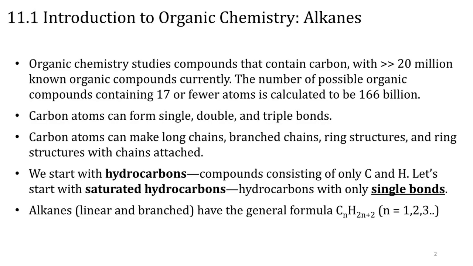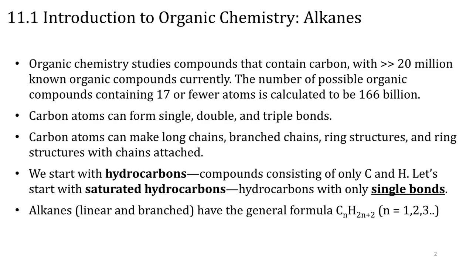Organic chemistry involves compounds that contain carbon. And your textbook says there's over 20 million. There's actually well over 20 million compounds that are currently known. And by currently known, that means they've been synthesized or isolated from naturally occurring substances and characterized.